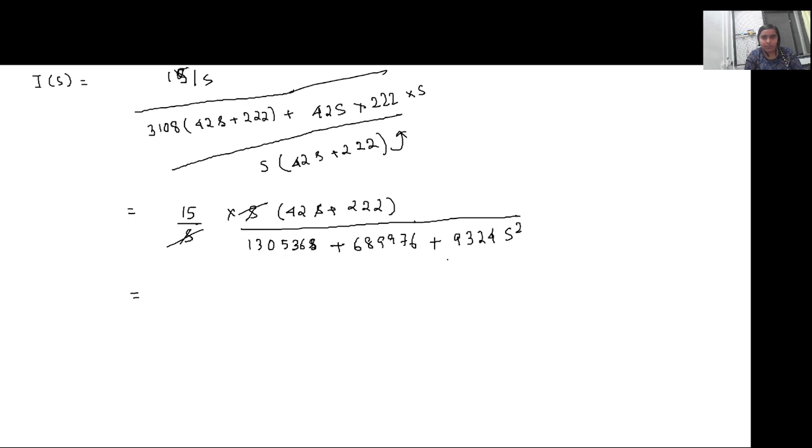Since we come across this s square term in the denominator, and we also find that s is in the numerator, s plus something, we get a hint that this entire expression has to be converted into such an expression that is s square plus omega square, or s plus a whole square plus omega square.